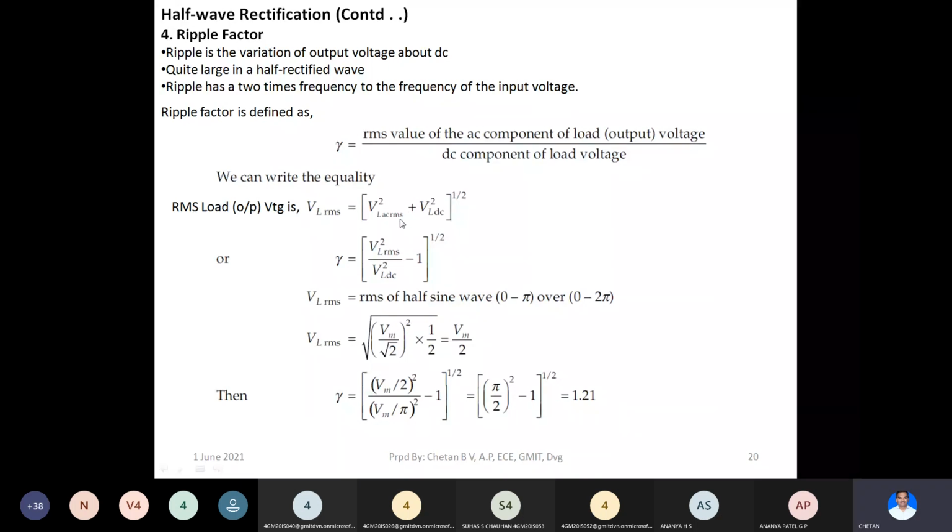From this equation, after simplification, you get the ripple factor to be square root of, VL RMS, that is the RMS value of load voltage, divided by VL DC, whole square, minus 1.